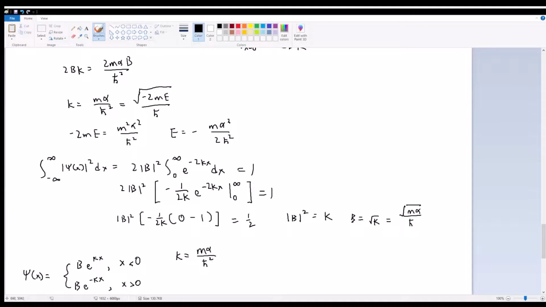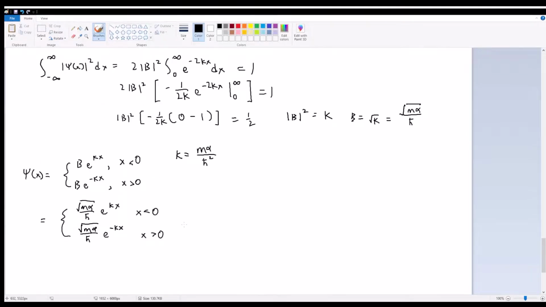So if we write this out fully, then what we get is a piecewise function: the square root of m alpha over h bar, times e to the power of m alpha x over h bar squared when x is less than 0, and the square root of m alpha over h bar times e to the negative m alpha x over h bar squared when x is greater than 0.